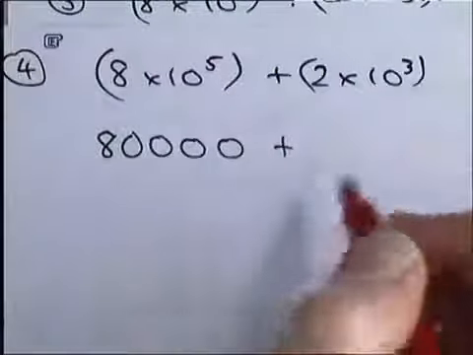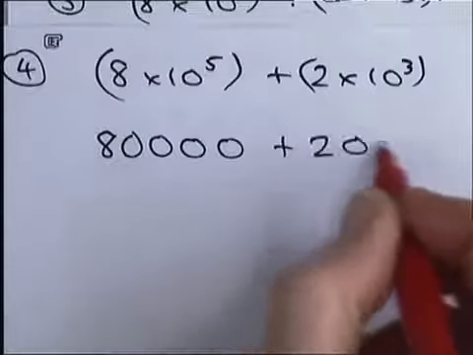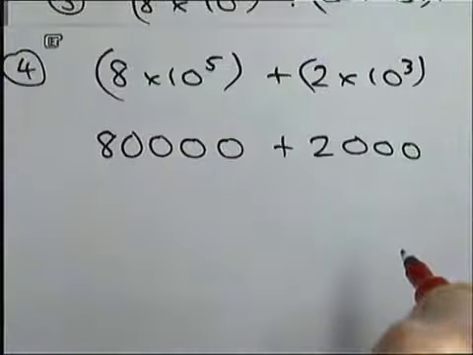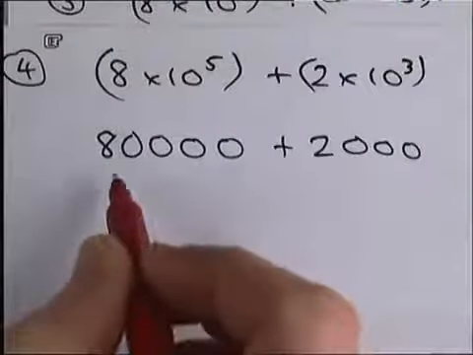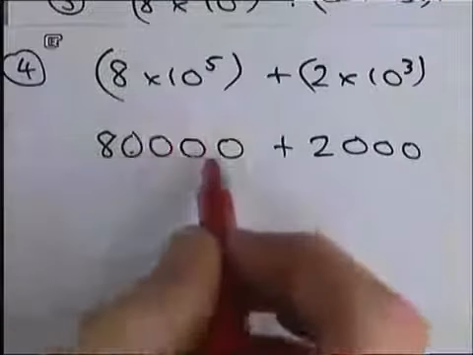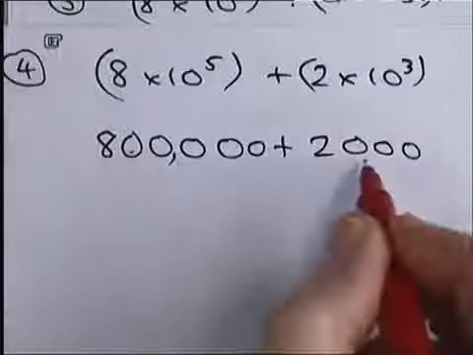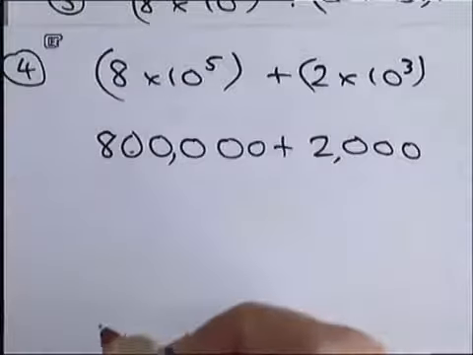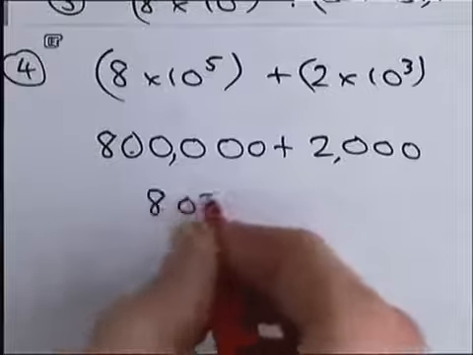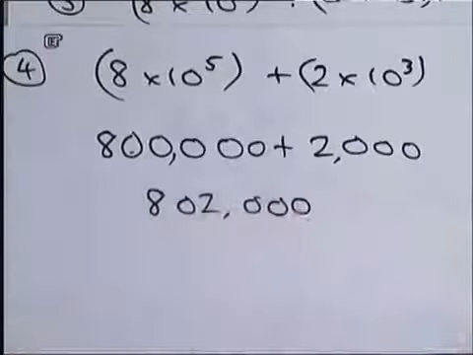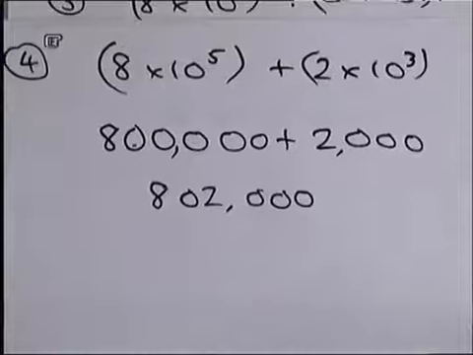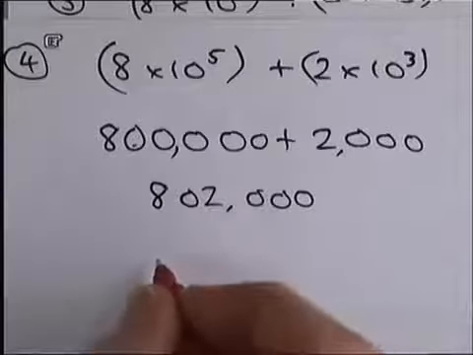And the 2 times 10 to the power of 3 is 2 with 3 zeros after it. So I should have had 5 zeros, I've only got 4, so I'll put another one in. So I've got 800,000 and 2,000, and if I add those together I get 802,000.